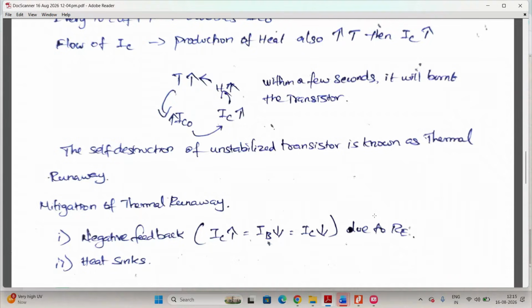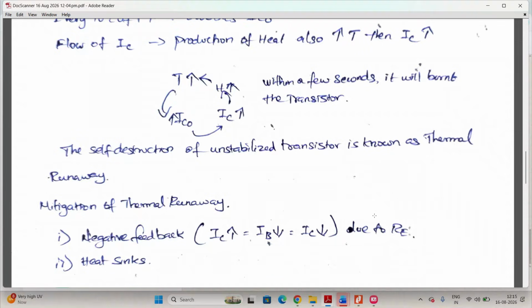FET means maybe a MOSFET or CMOSFET or something. Definitely there will be a heat sink that will reduce your heat dissipation. If heat is reduced as much as possible, the temperature will not increase. It will be stable.